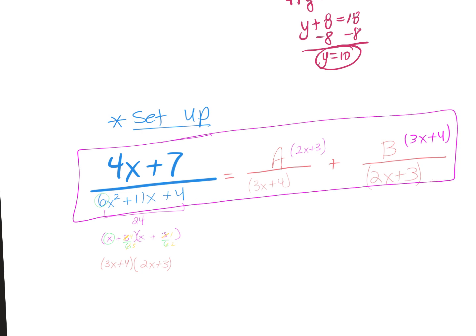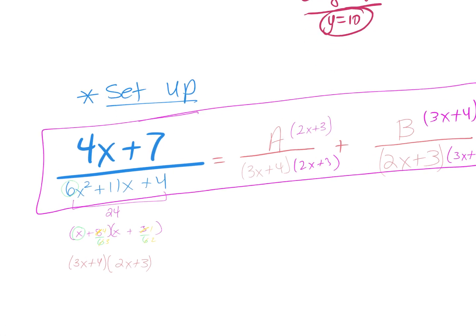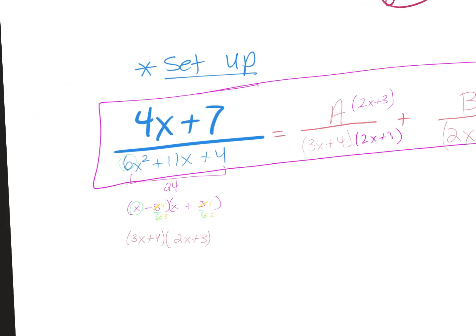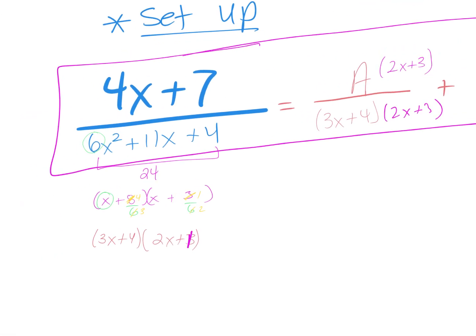You want to make an equivalent statement. So the left-hand side is equivalent to the right. Because look, you're going to multiply the bottom here by 2x plus 3, so you're going to multiply the top. Here you're going to multiply the bottom by 3x plus 4, so you multiply the top. Yes? It's not 2x plus 4, maybe 2x plus 4. Ay, guys. This is a 1.